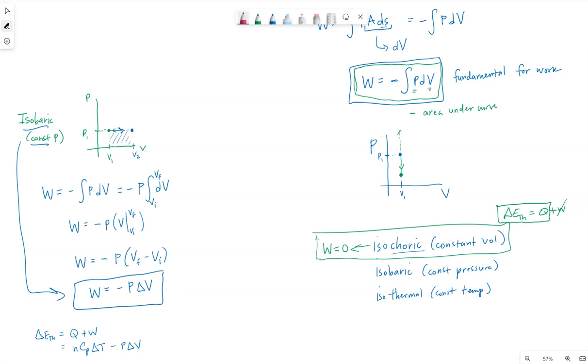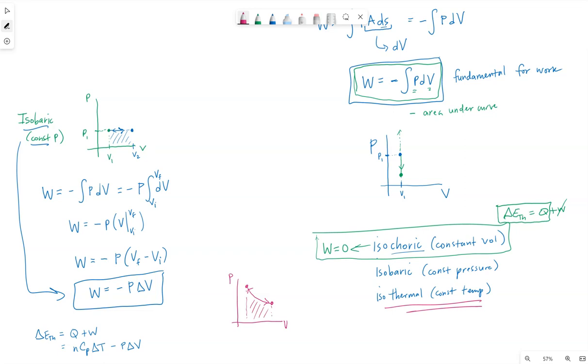The last process is this isothermal. Isothermal, if you remember, it's this hyperbola looking thing. The work is still totally the area under the curve.